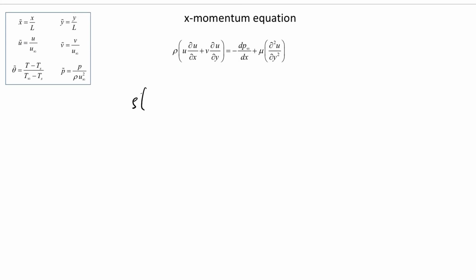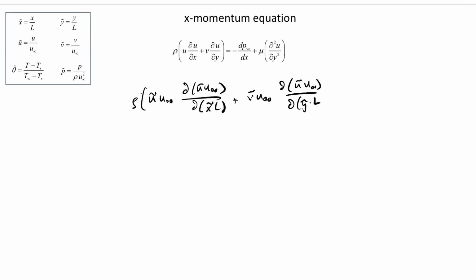So substituting in now u, we have u tilde u infinity times the partial of u tilde u infinity with respect to the partial of x tilde times L, plus v, so that was v tilde u infinity, times partial of u tilde u infinity over partial of y tilde times L.